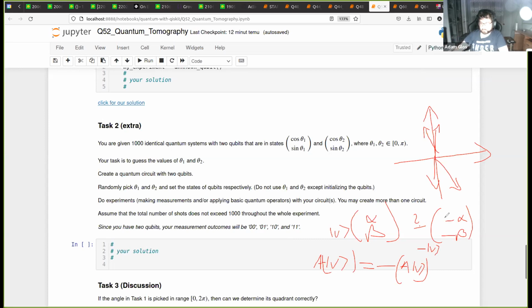At the same time, if you would make a measurement, then we already agreed that this minus doesn't matter at all. What does it mean? It means that there's no physical difference between these 2 quantum states. To be more exact, there's no way of transforming the quantum state or measuring it, which could tell you whether you have this quantum state or this quantum state.